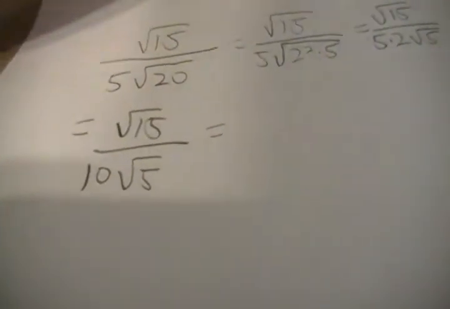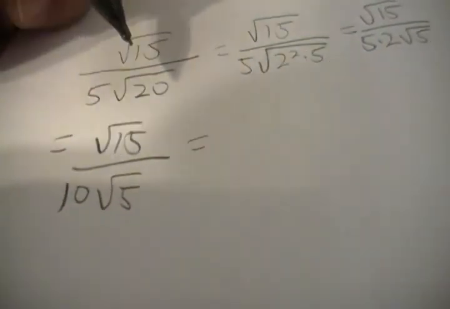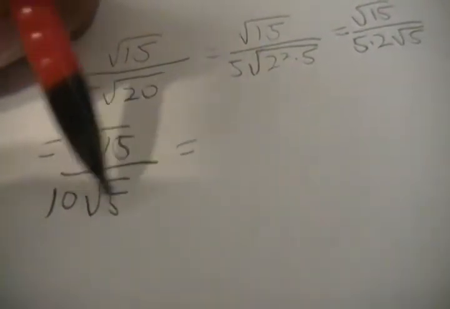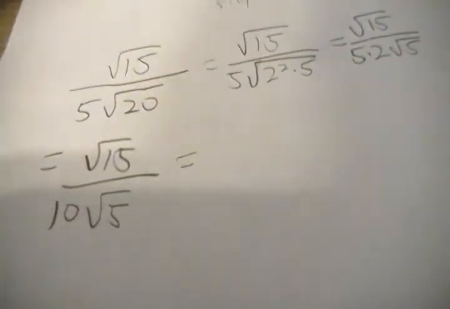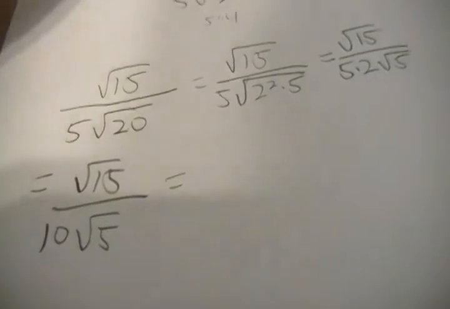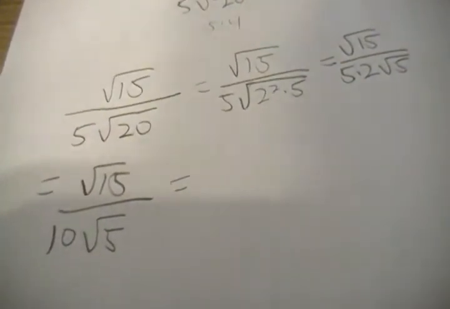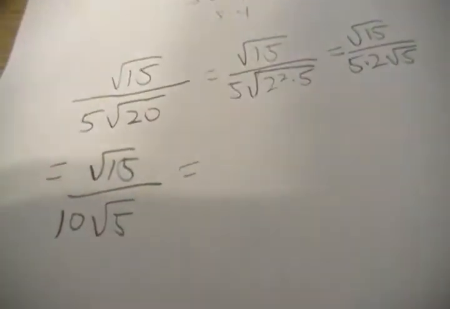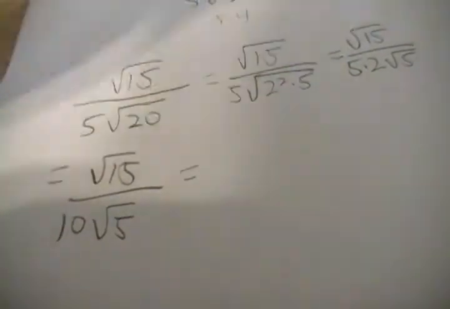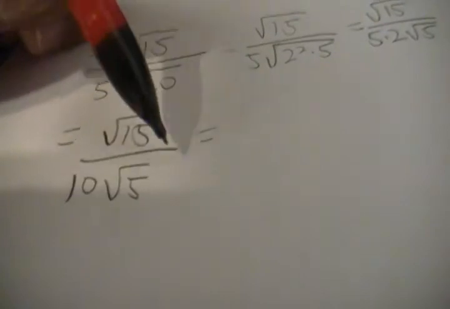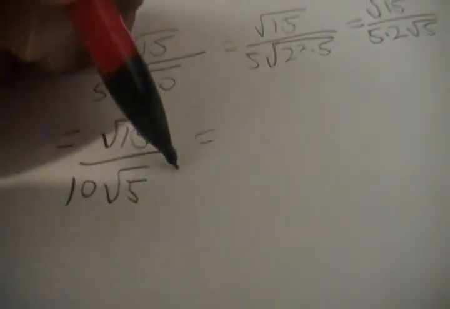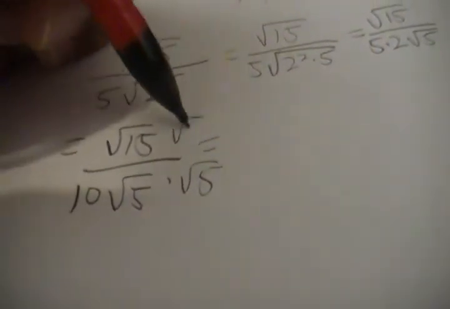Okay, now what you don't want to do is leave the denominator as a radical, because we don't want the denominator to have any kind of irrational number, which is the case here, square root of 5. So the way to solve this is we're going to multiply both the top and bottom by the square root of 5.